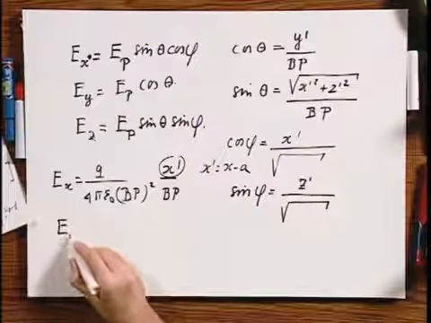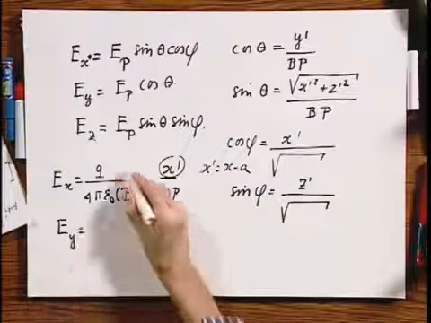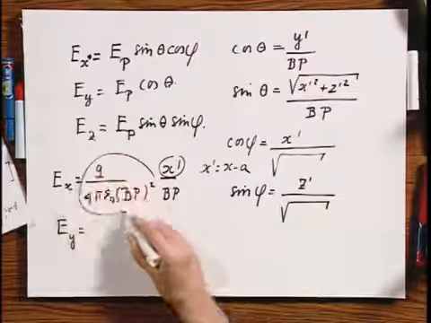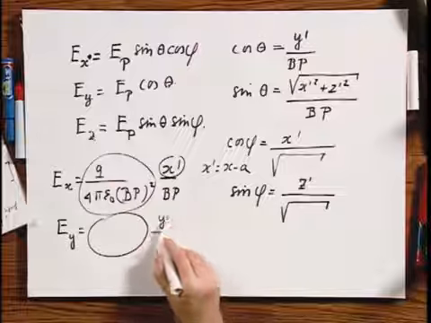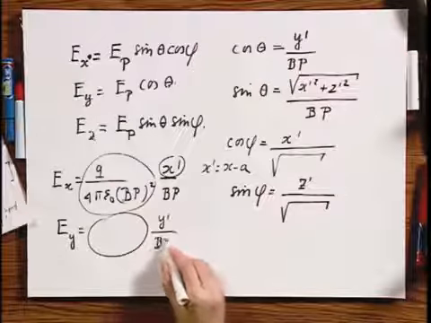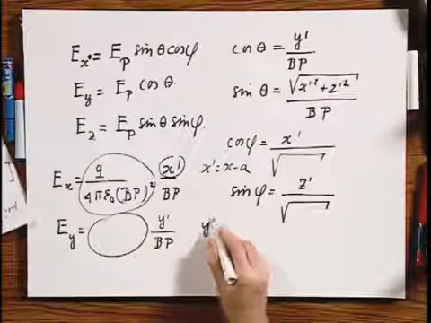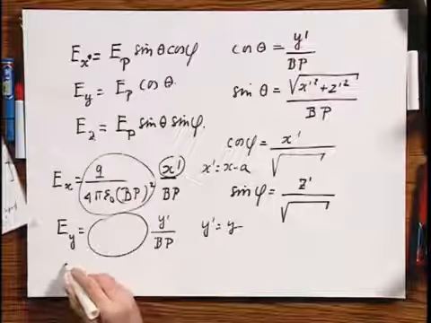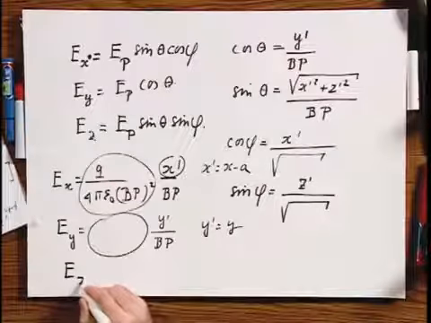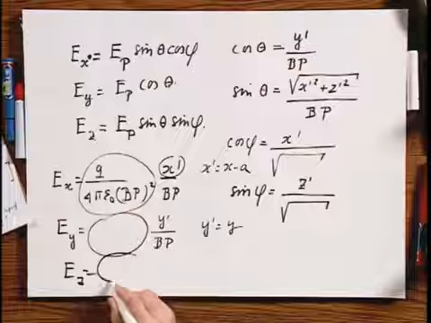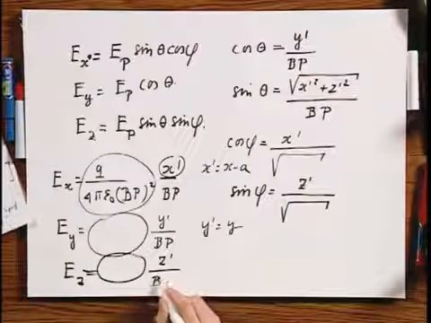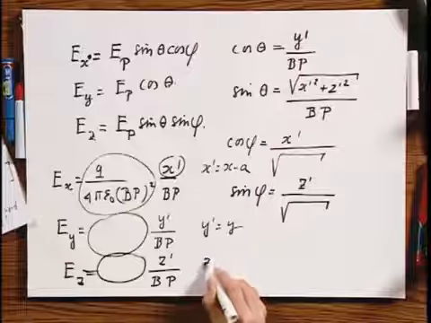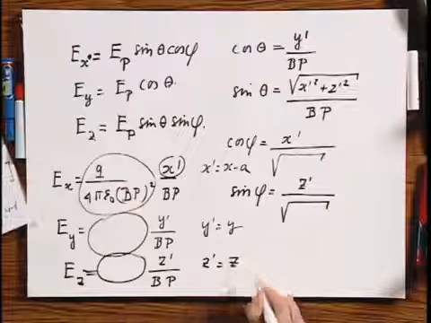I find for E of y the same thing times y prime divided by BP. But remember, y prime equals y. And I find for E z the same thing times z prime divided by BP. But remember, z prime equals z.